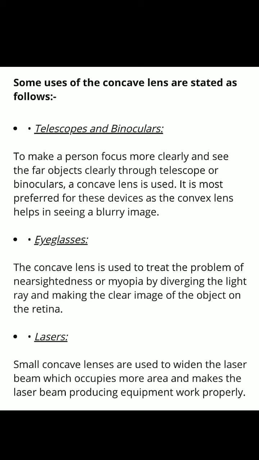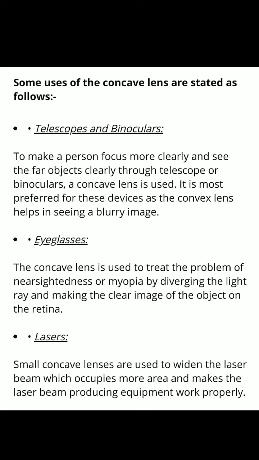The next use is as eyeglasses. We already discussed eyeglasses. Here we use the convex lens to prevent hypermetropia. Those persons having myopia have the image formed in front of the retina, not on the retina.